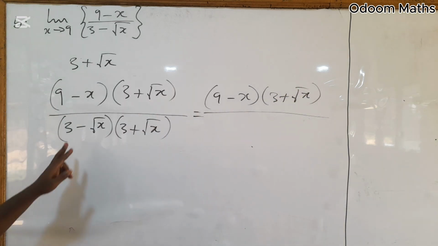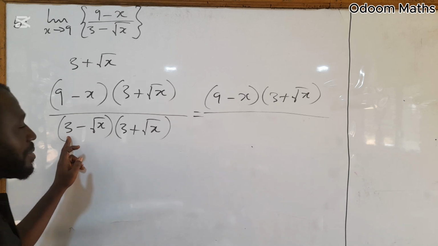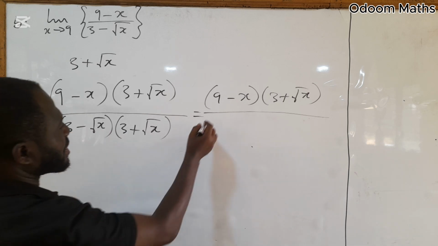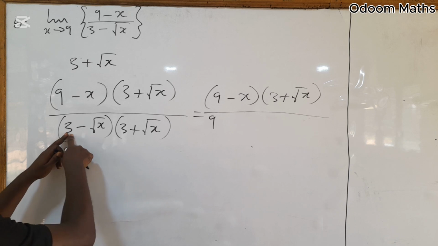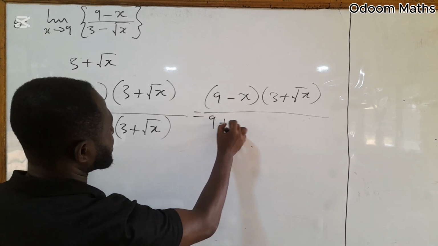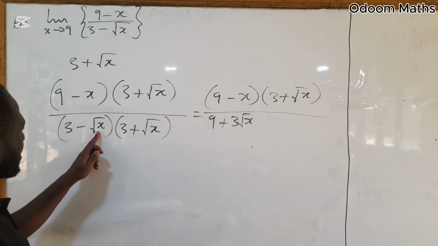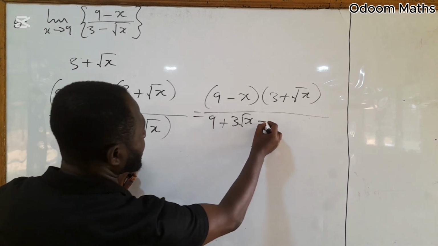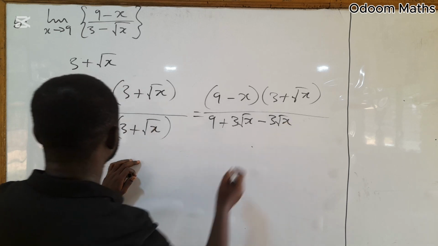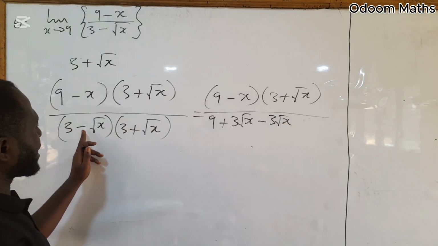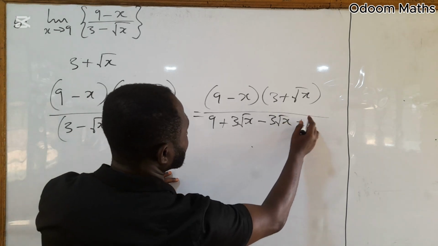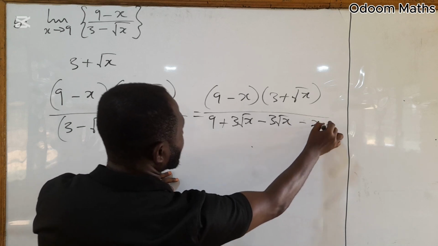This and this becomes 9, then this and this becomes plus 3 root x. Then negative root x times 3 is also minus 3 root x. Then negative root x times root x becomes minus x.